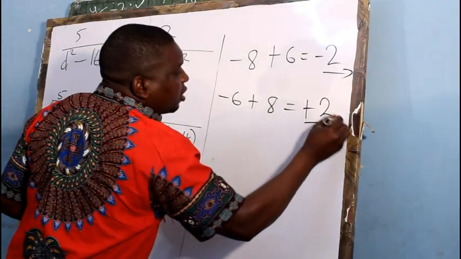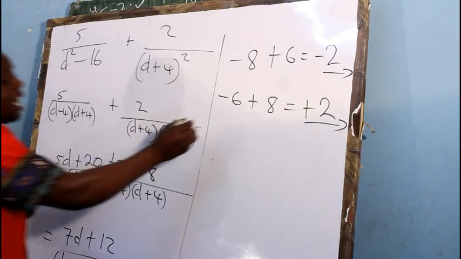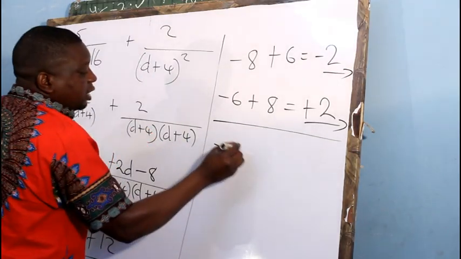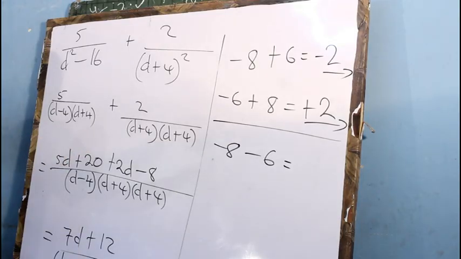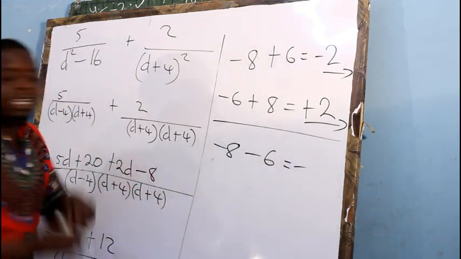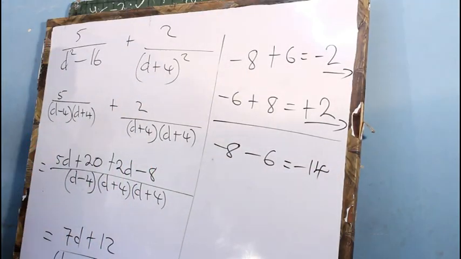And when the signs are the same, as in minus 8 minus 6, take that given sign. Which is that given sign? Minus. Then 8 plus 6 is 14. If the signs are the same, you just take the given sign and you add all together.